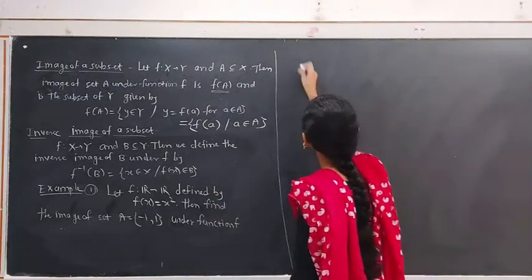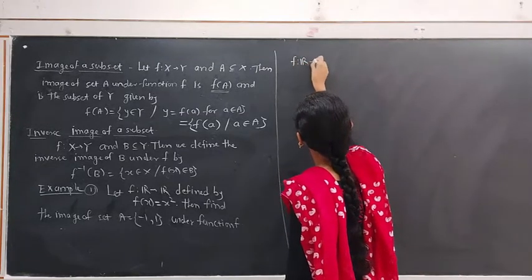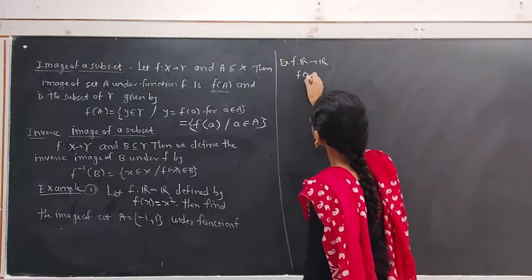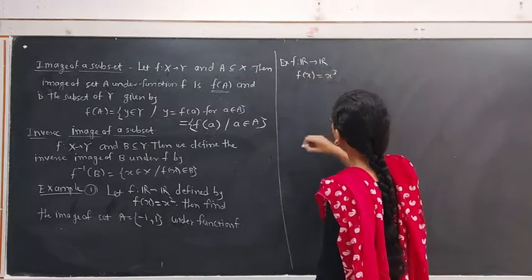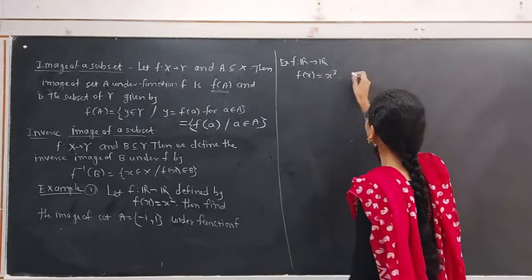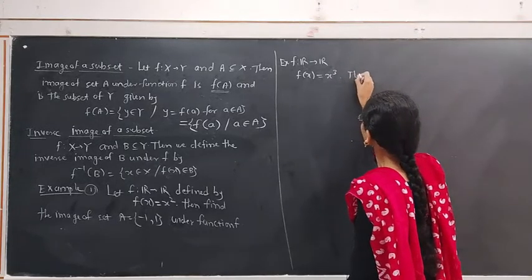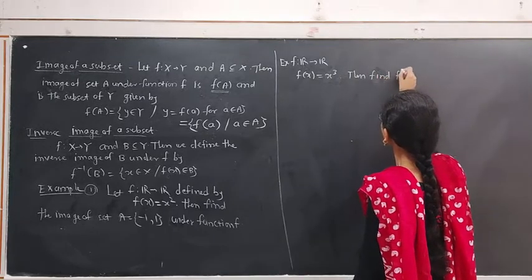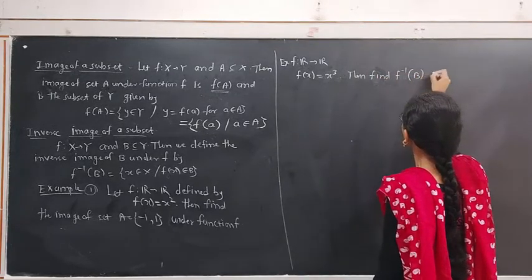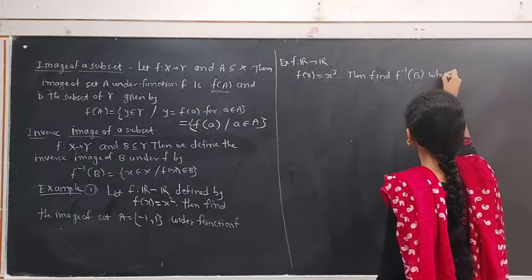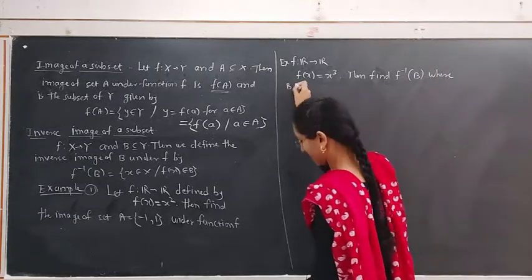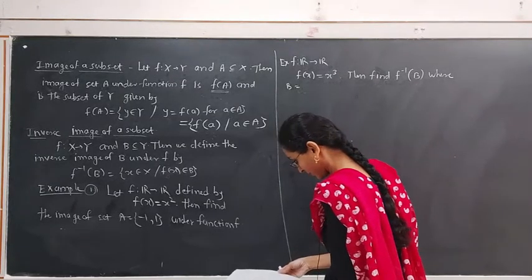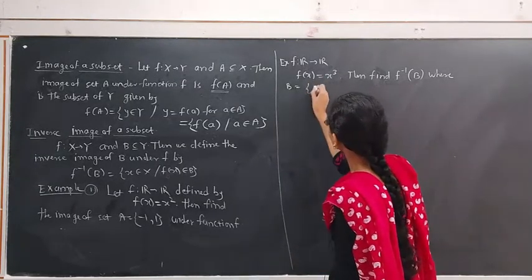So, we consider another example, f from R to R defined by f of x is equal to x cube. Then find f inverse of B, where the set B is given as the singleton set 1.